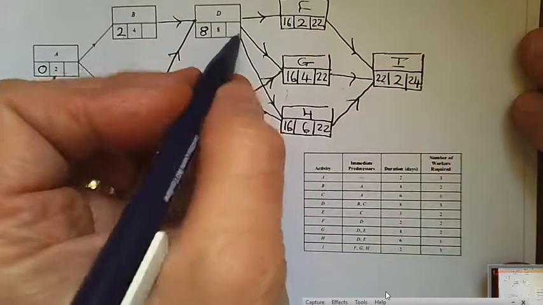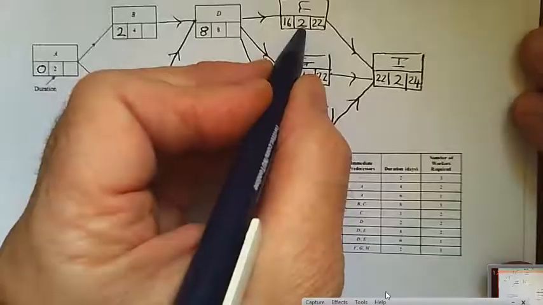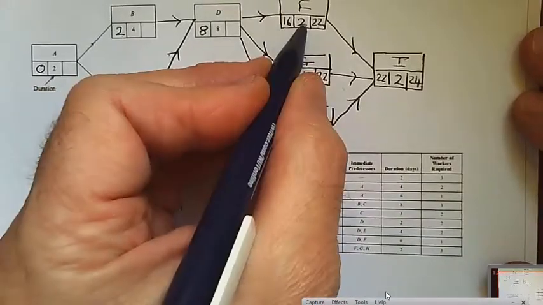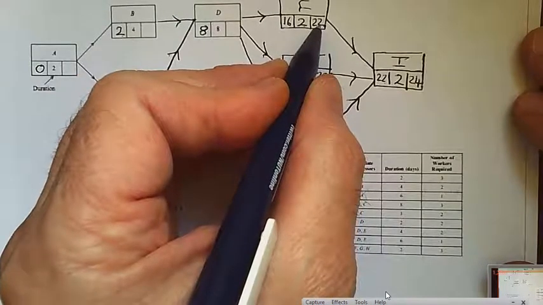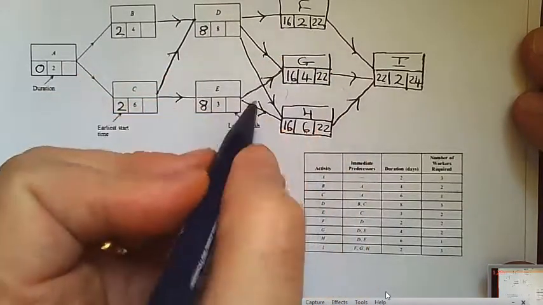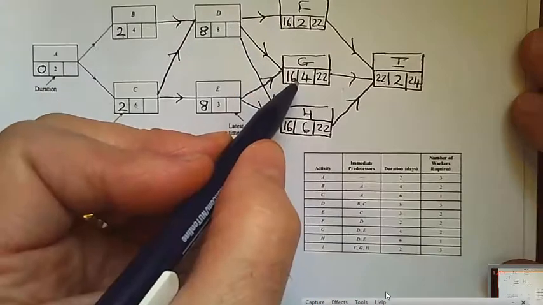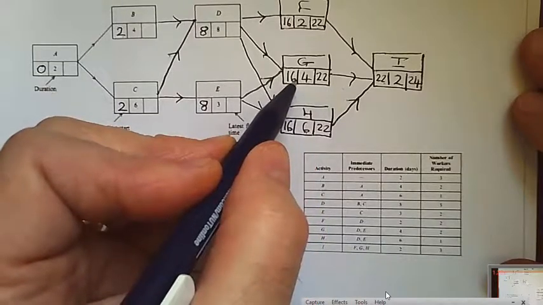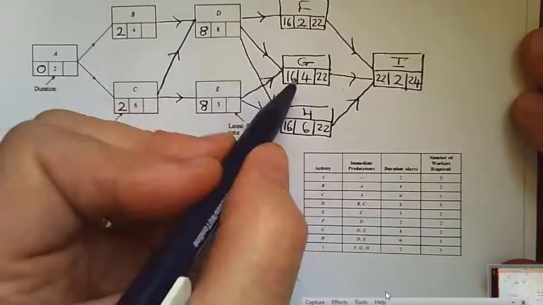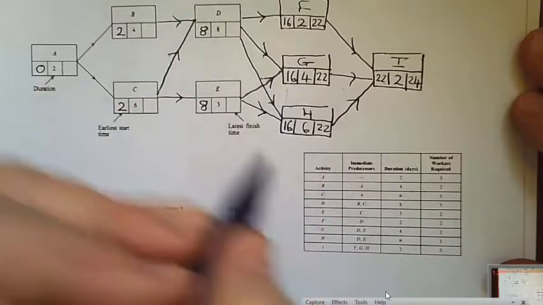D. Well, D needs to be completed by 20 for F, because 20 plus 2 would enable F to finish at 22. But it also needs to finish in time for G to finish in 22. Well, that means that it would need to actually finish at 18, because 18 and 4 is 22.